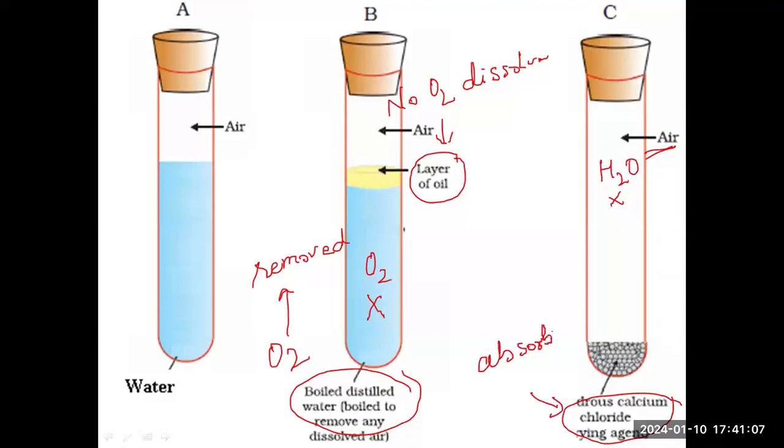So it simply has oxygen. And in the first test tube, you have air, meaning oxygen is there, and water is also there. Now in all 3 test tubes, you are putting the iron nails. So now let us see what happens.